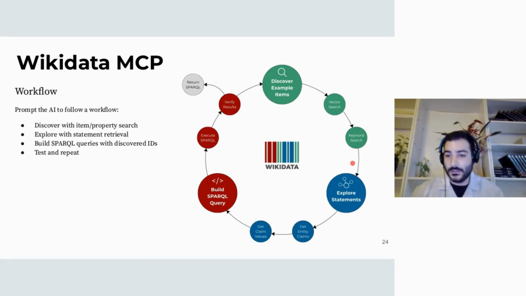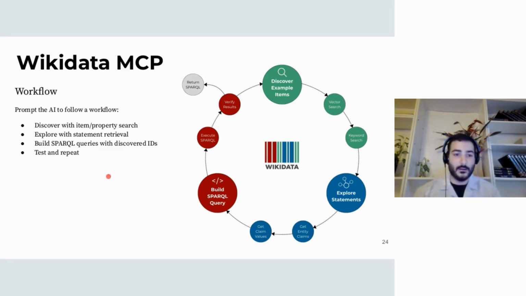Then explore statements, using get entity claims and get claim values to understand how these items are connected together in Wikidata in a particular domain. After these two steps, we hope that we've provided the AI model with enough context to be able to build a proper SPARQL query.